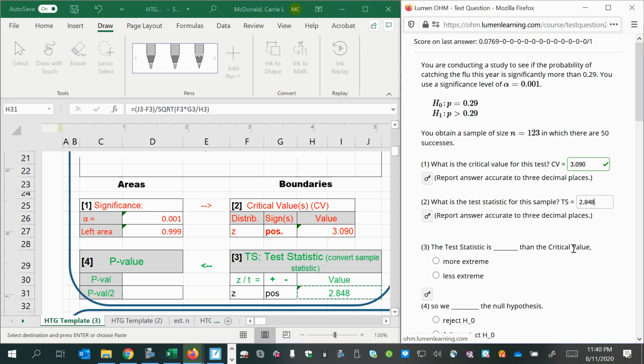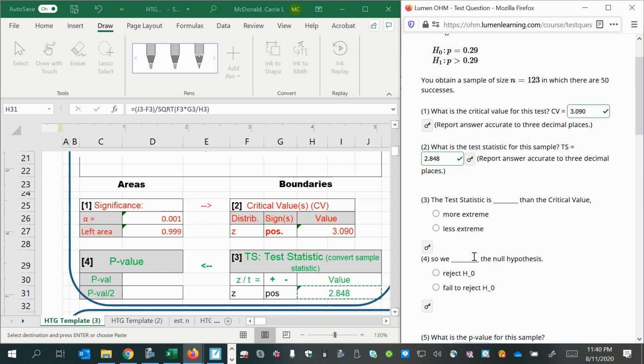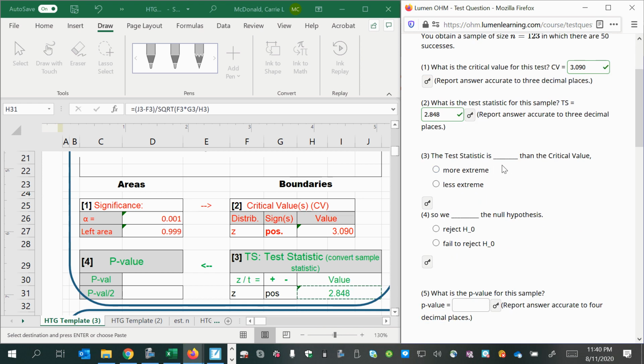Okay, so now the test statistic is, the question is, is it more extreme or less extreme than the critical value? So what we mean is, is it farther away from the center or not? Is it more extremely into the tail compared to the critical value?